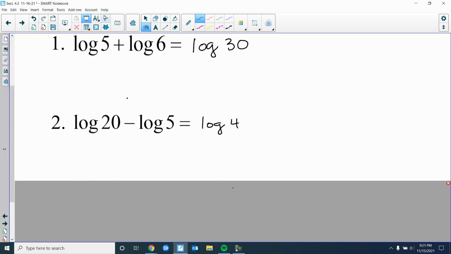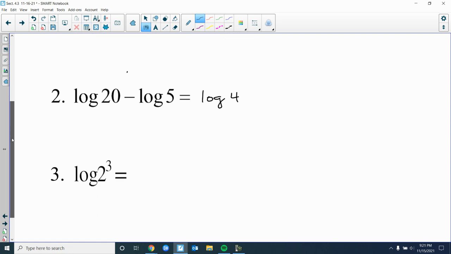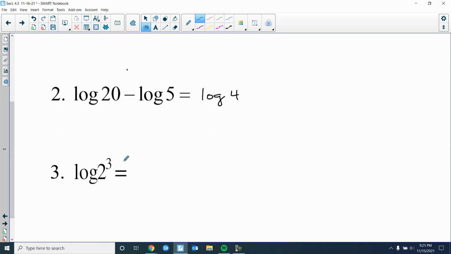The third one that we deal with deals with the powers. The log of 2 to the third power is equal to 3 times the log of 2. So anytime you have a power, it can move out in front as a multiplier.